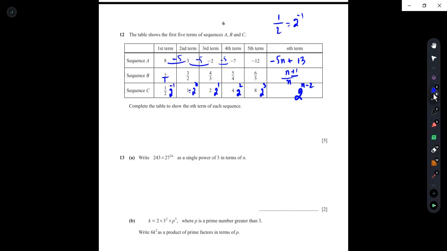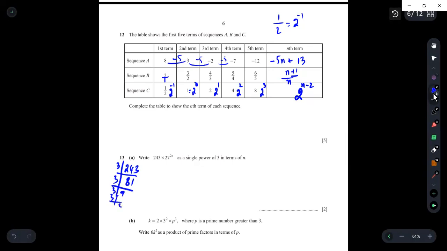You can say you are writing in factorized form. 243 can be written as the product of all threes: 3, 3, 3, 3, 3. How many 3's are there? 3 raised to the power 5. So 243 can be written as 3 raised to the power 5.